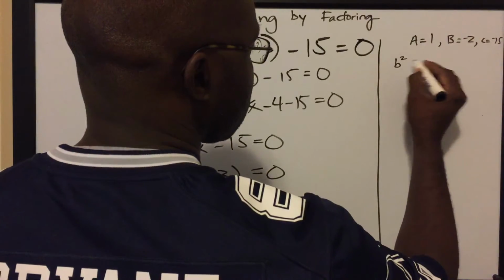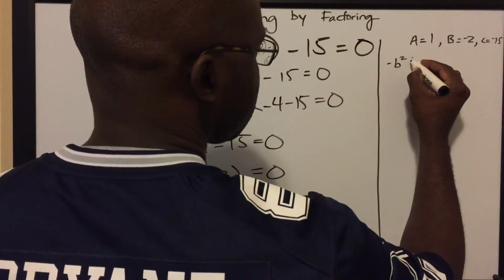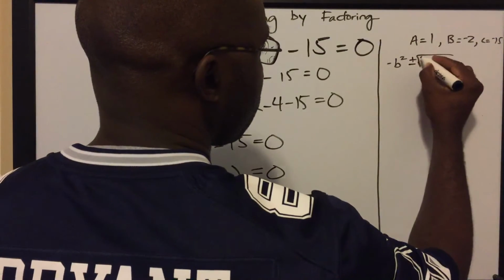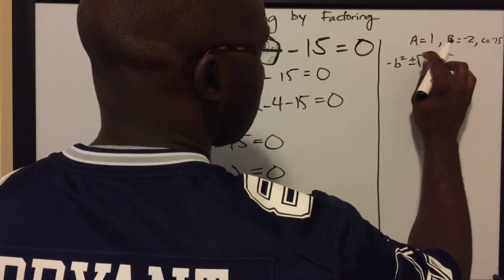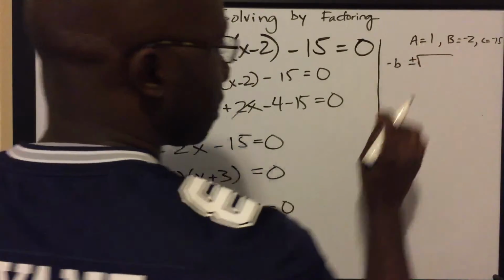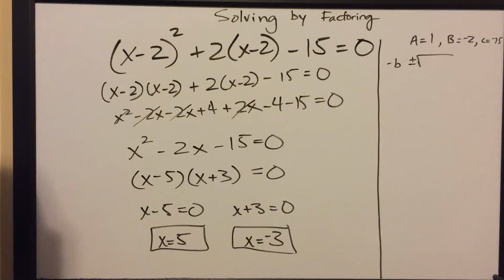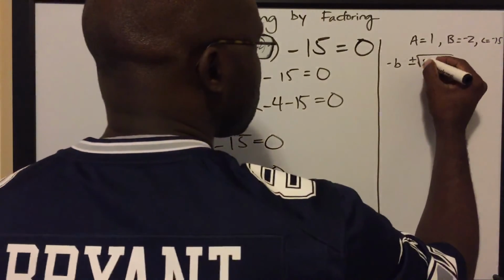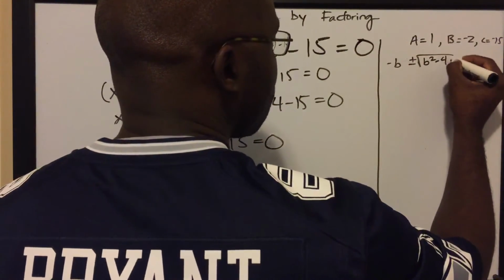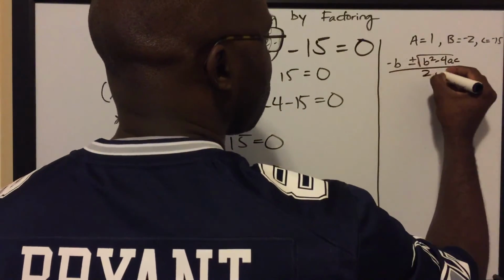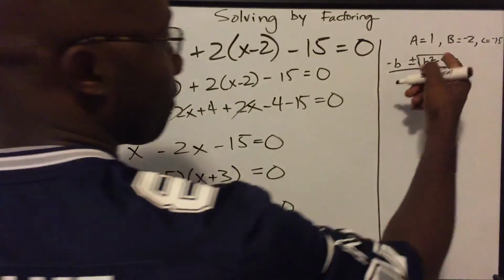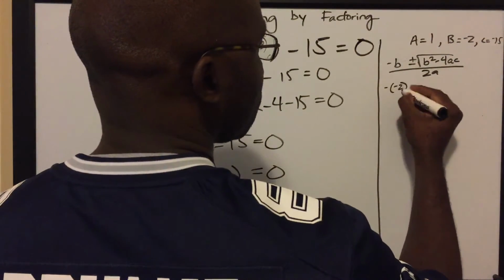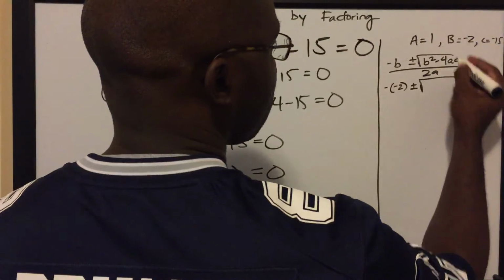What is the quadratic equation? Negative B plus or minus the square root of B squared minus 4AC, all over 2A.